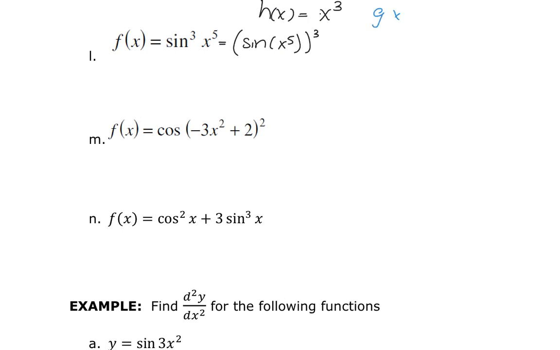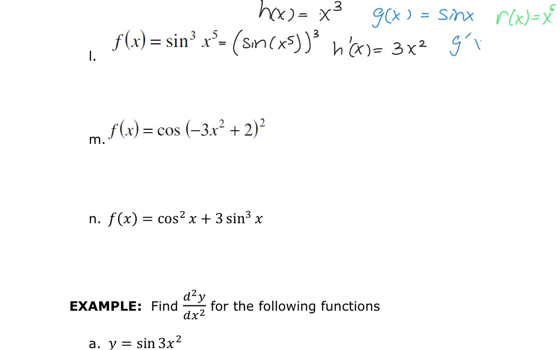My g of x would then be the sine of x, because that's the next function in. And then now I'm going to have to use something different. So I'm going to use r of x, which is my most inside function, which is x to the fifth. All right. My h prime of x is going to be 3x squared.